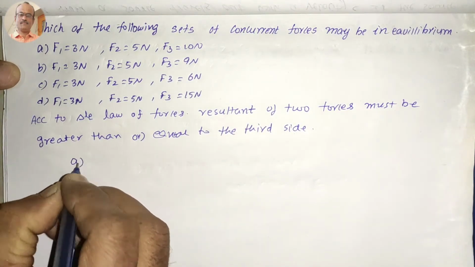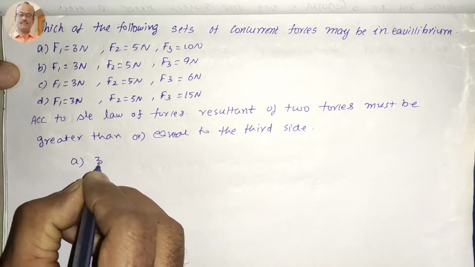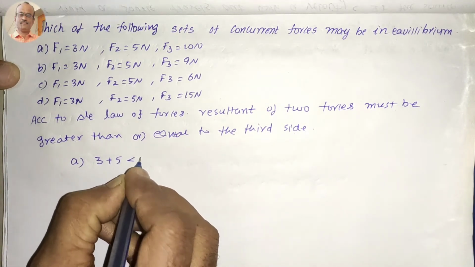So here option A we are taking, that is 3 plus 5 is less than 10.